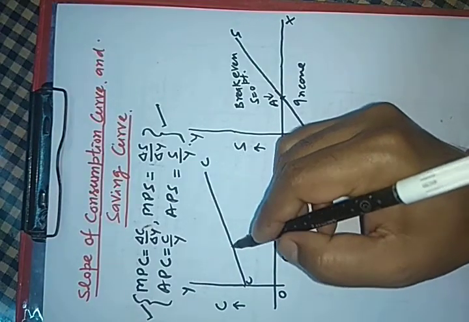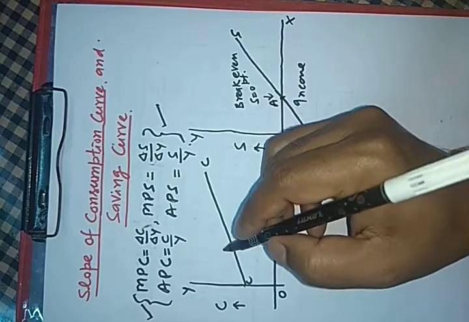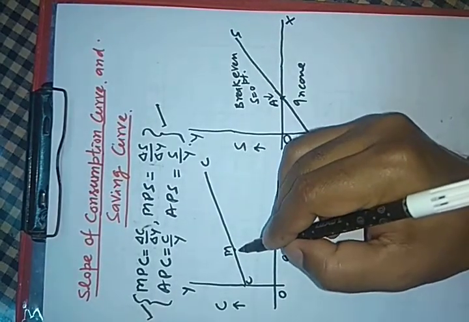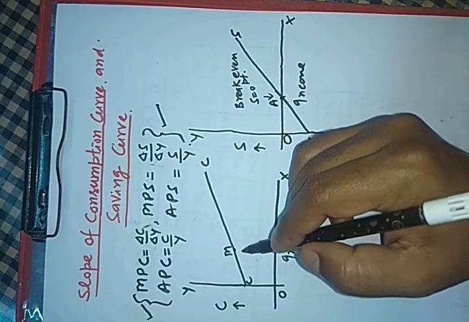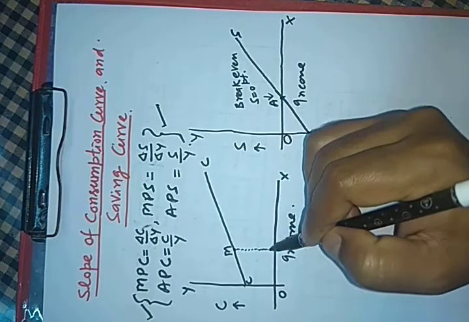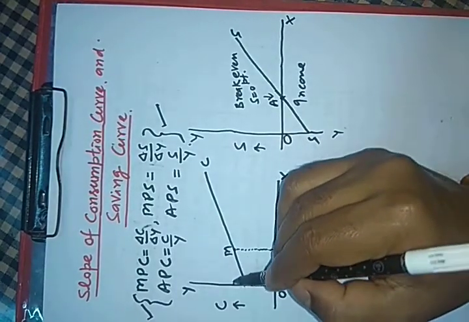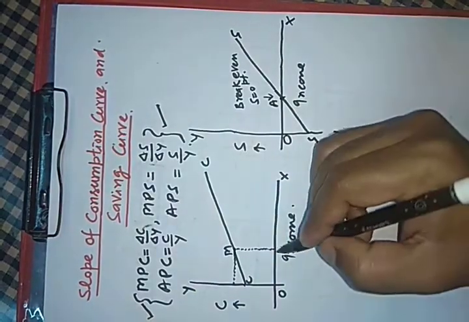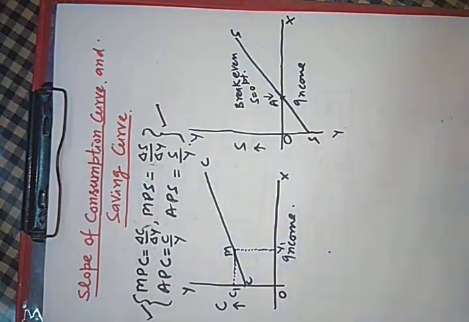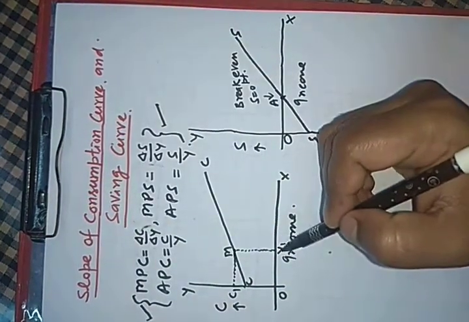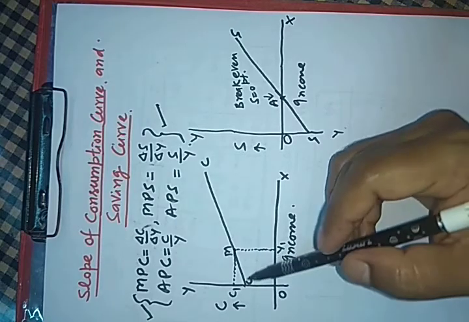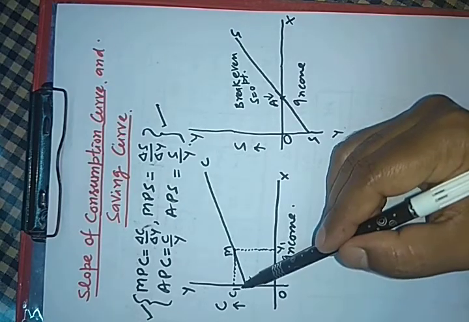Suppose a point on the consumption line is point M. At this point you can easily find the amount of income and the amount of consumption. Suppose the level of income is Y1 and the consumption level is C1. So at the income level OY1, the consumption expenditure is OC1.